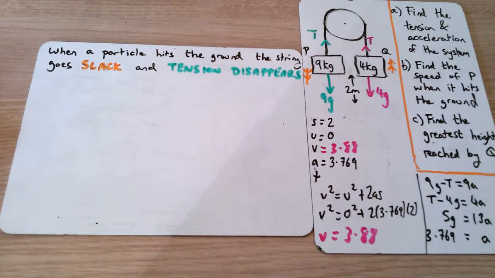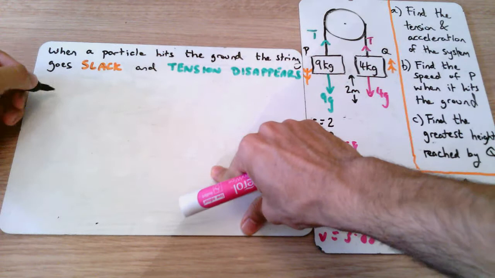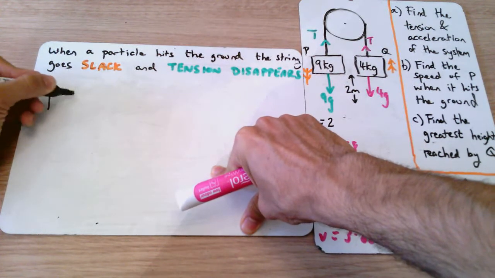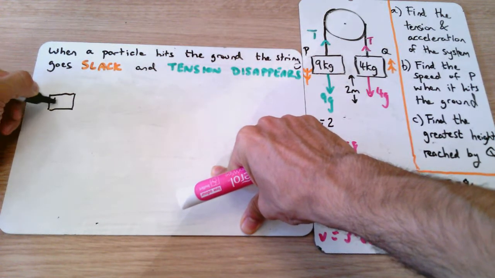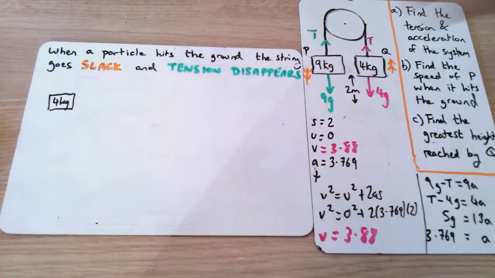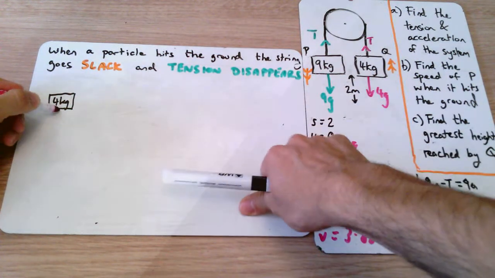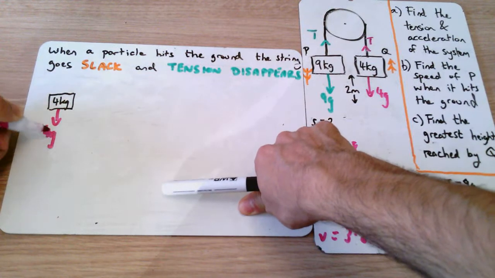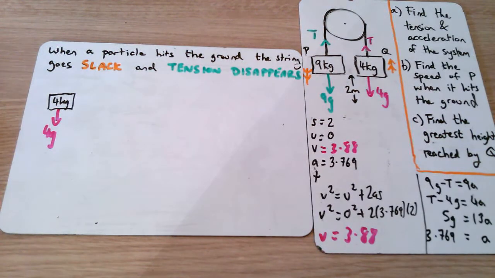Which means that now, when we look at our particle Q, which is 4 kilograms, the only force acting on it is the weight, which is 4g. That means that this particle is actually moving upwards, but it only has this weight component acting upon it.